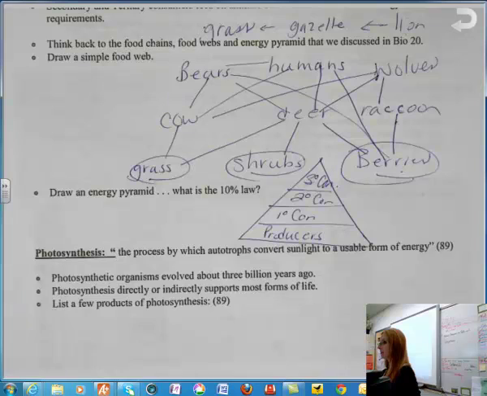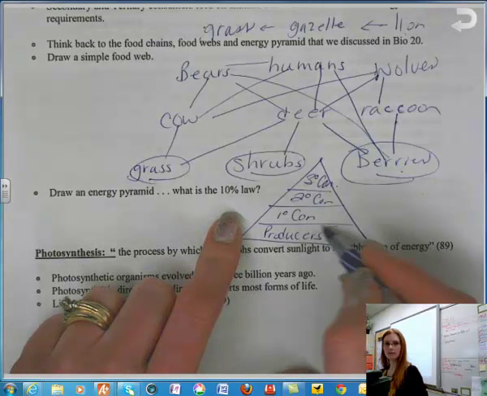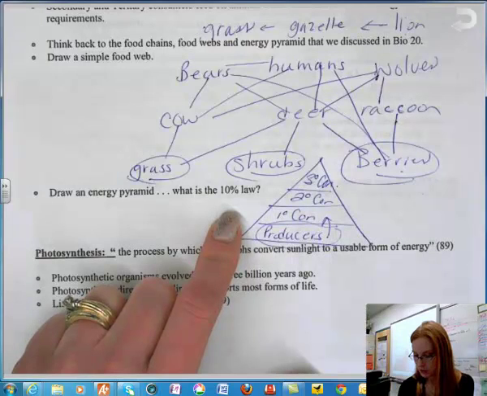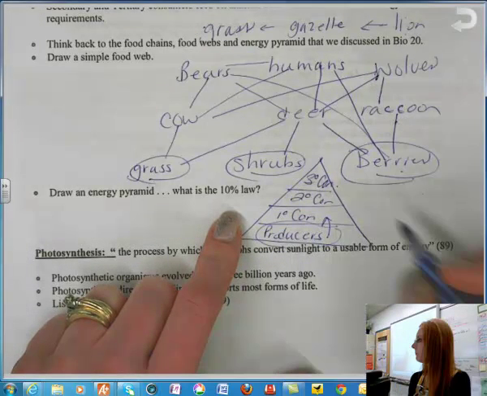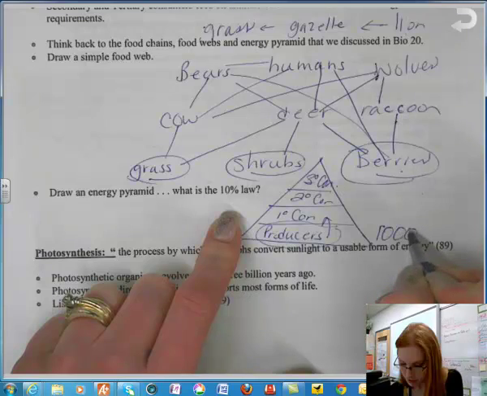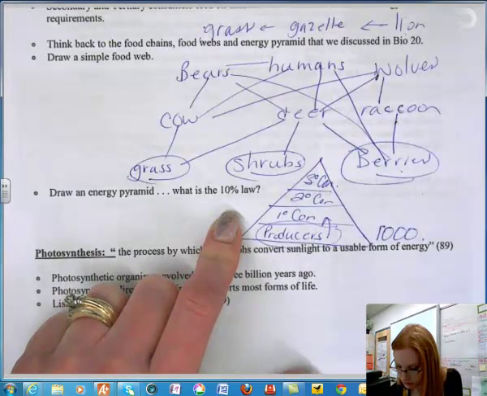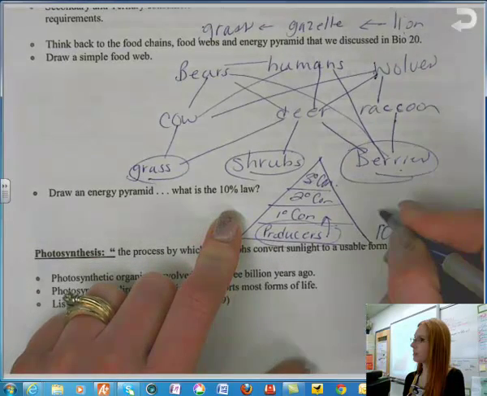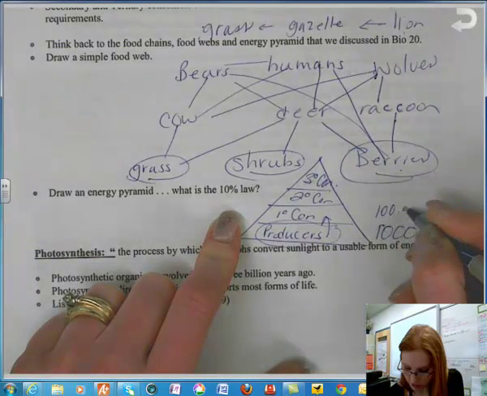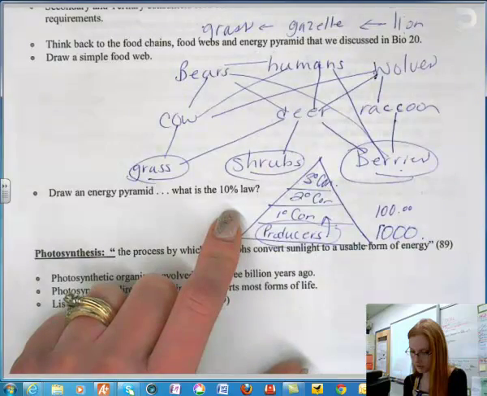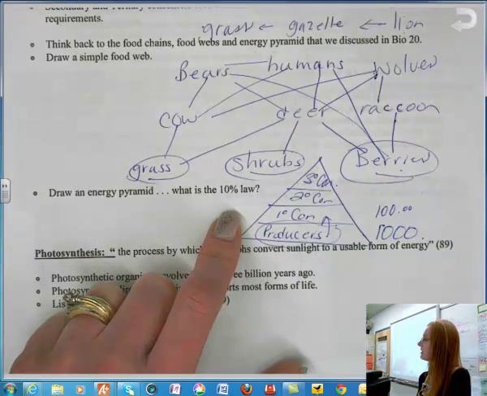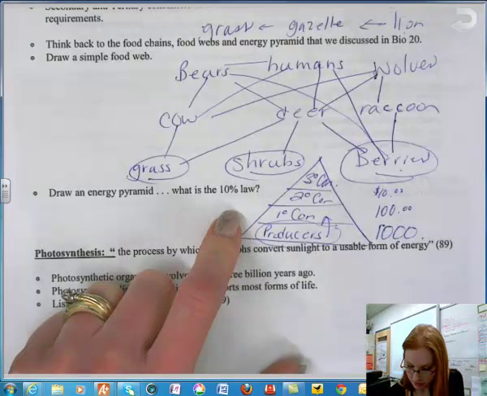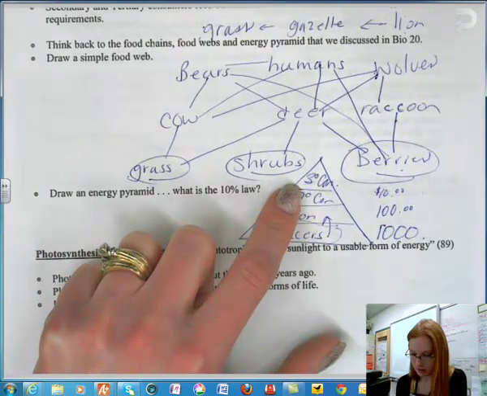So the 10% law is that of all the energy that they produce, 10% gets passed on. So if we think of this in terms of dollars, if this is $1,000 that we have at the bottom of the pyramid, how much energy goes to the next level? 100. We'd have $100 for the primary consumers to feed off of. The secondary consumers would have how much money? $10. The tertiary consumers would have $1.